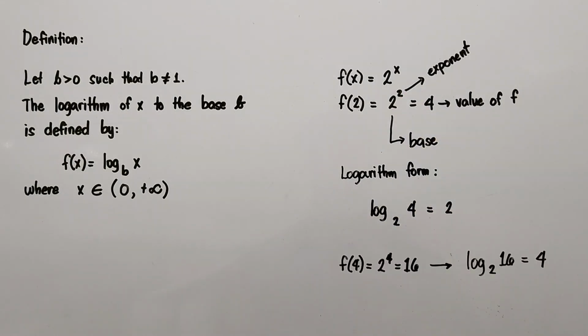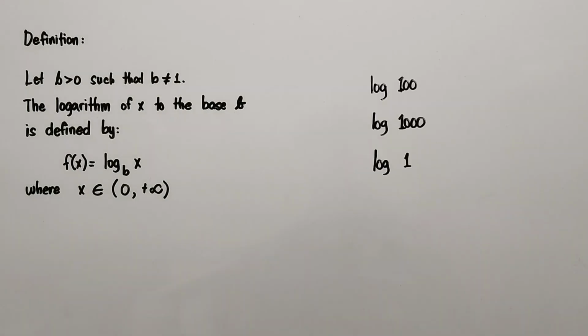For f of 4 equals 16, the logarithm form of this equation is log 16 to the base 2 is 4. If b is not specified by any number, like the expressions on the right, such a logarithm is called a common logarithm, which has base equal to 10.